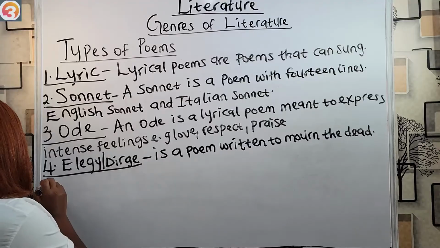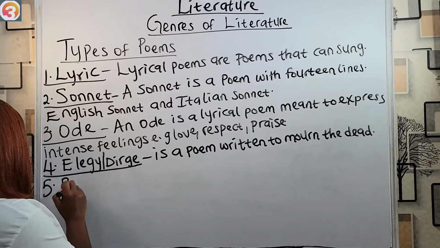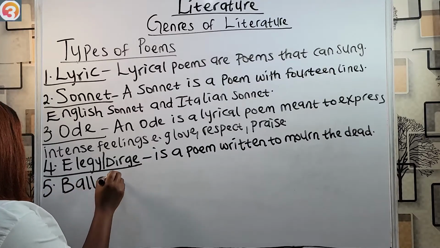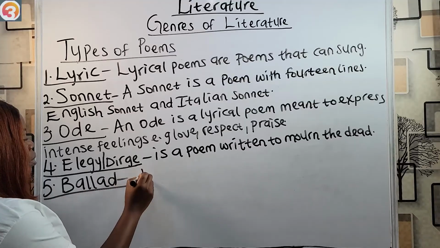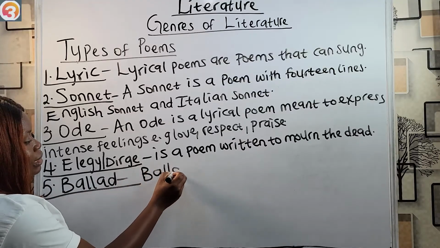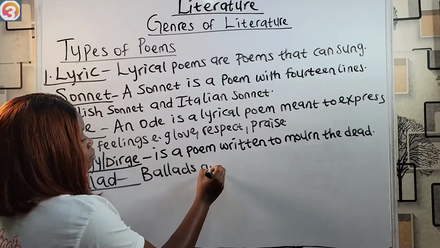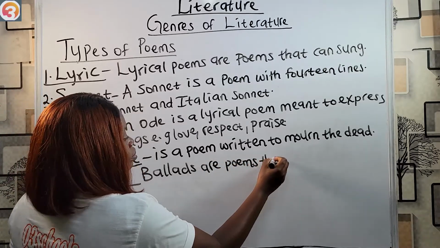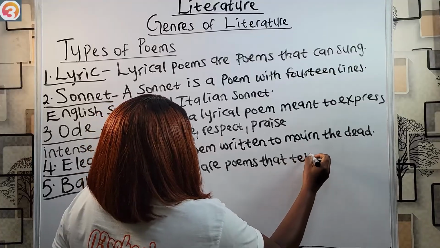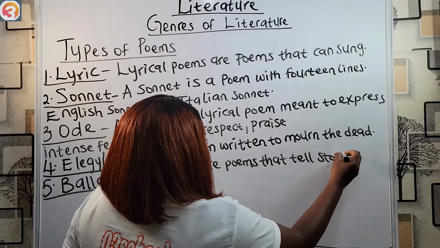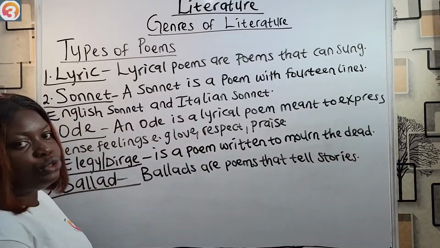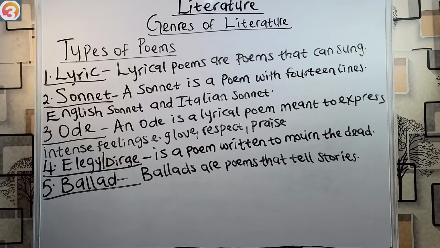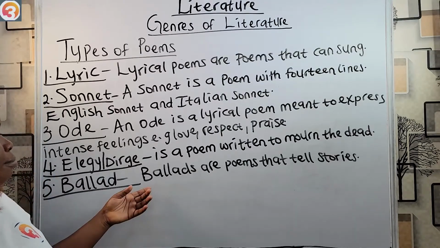Next, we have ballad. Ballads are poems that tell stories. A poem that tells a story. You're trying to tell a story in form of a poem. You're writing a ballad.